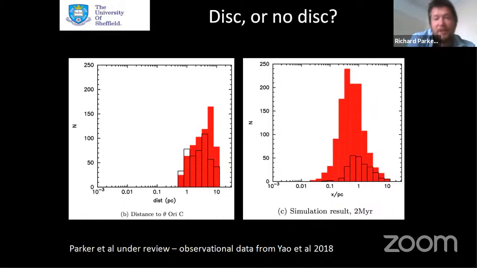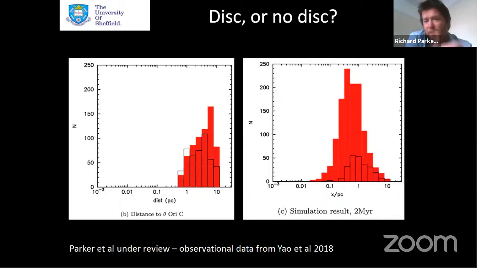A star that is close to an ionizing source and loses its disk will eventually wander off in the star-forming region. We often talk about the dynamical timescale of a star-forming region as being a crossing time, which is the average motion of stars around the region.